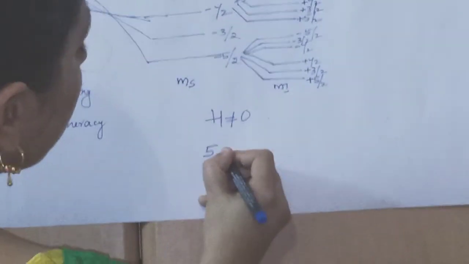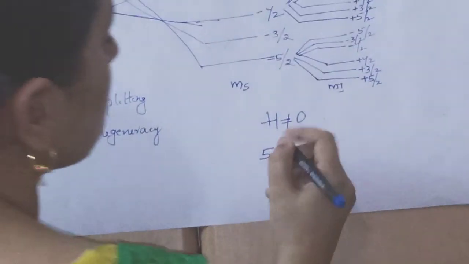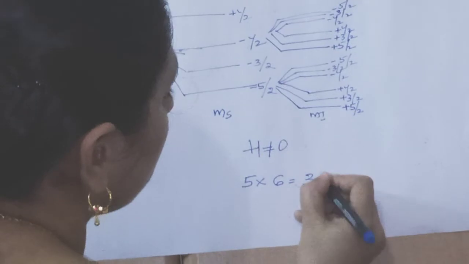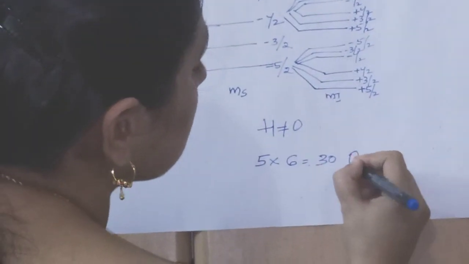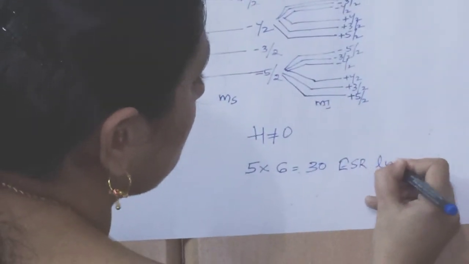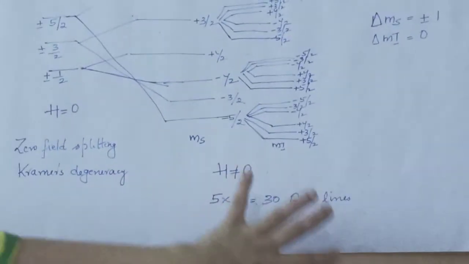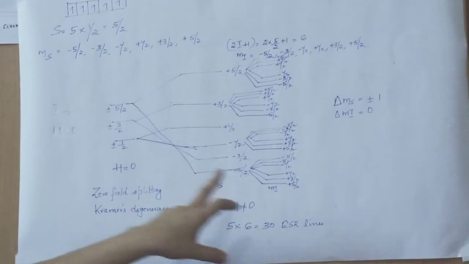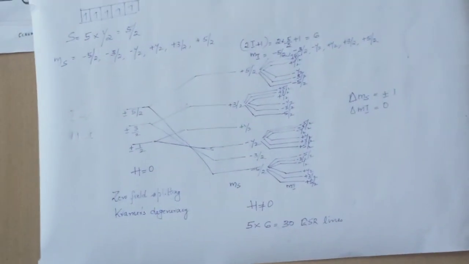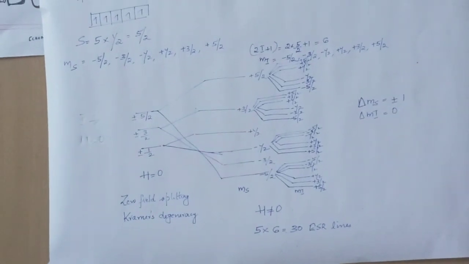Each ms splits up into 6 spin states, so 5 into 6, it is expected that there will be 30 ESR lines in the spectrum. So here you can see that zero field splitting exists, Kramer's degeneracy is there, and nuclear hyperfine splitting is there, which gives rise to 30 ESR lines. Thank you.